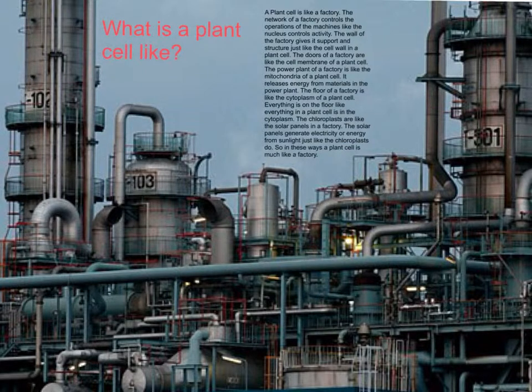They both are located throughout either the factory or the cell, and that's where all the machines and or the organelles are located in either structure. The chloroplasts are like the solar panels in a factory.